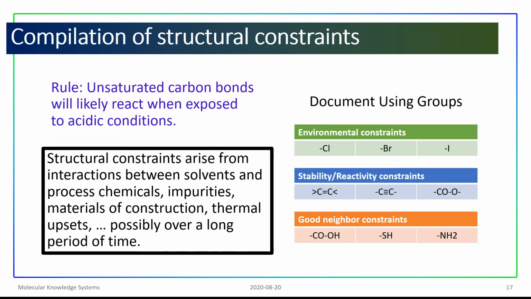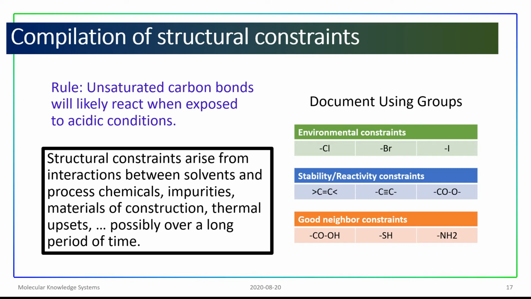Structural constraints often arise from interactions between solvents and process chemicals, solvents and impurities, solvents and materials of construction. Some materials of construction, particularly iron, copper, or aluminum, may actually promote or catalyze chemical reactions that may degrade solvents. Structural constraints need to consider operational conditions in which the solvent may be exposed to temperature extremes due to upsets or even just common usage.